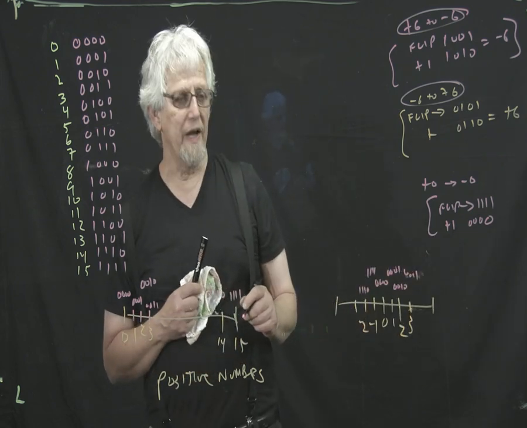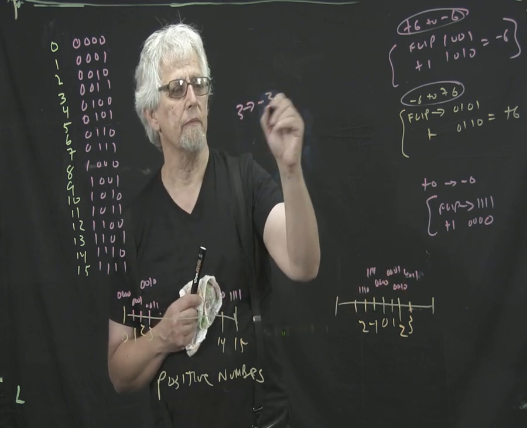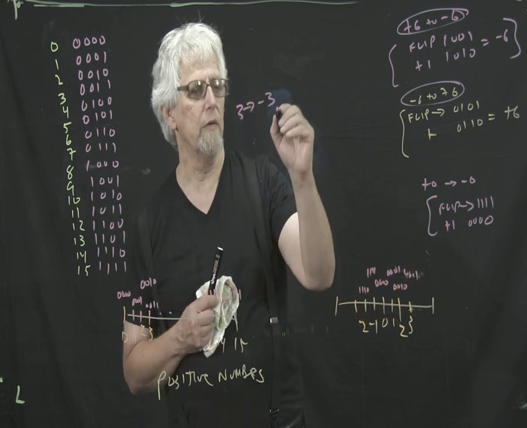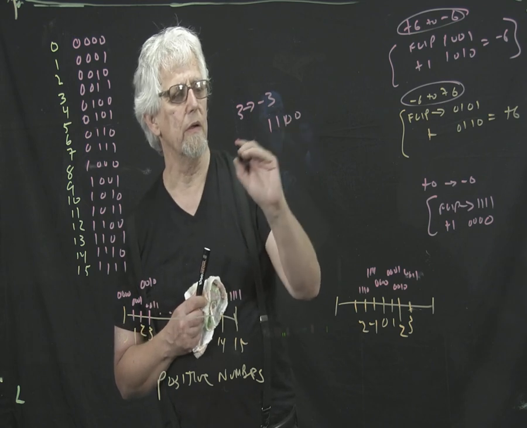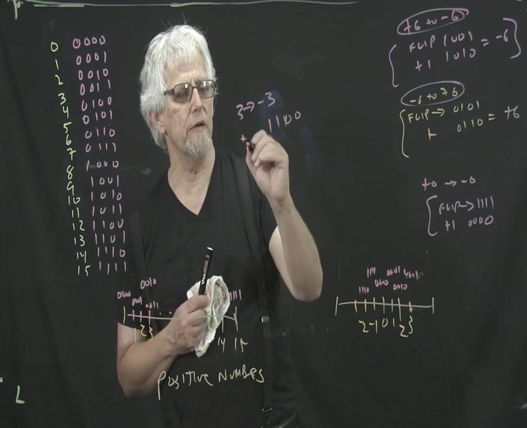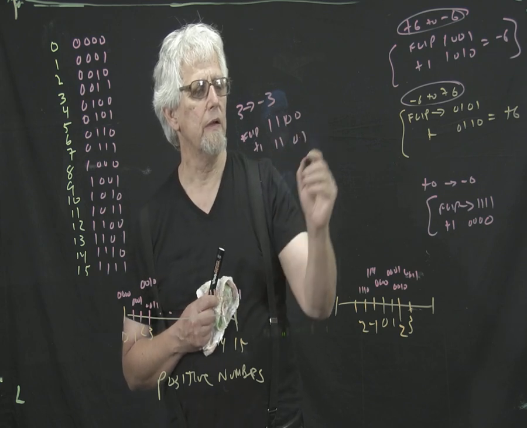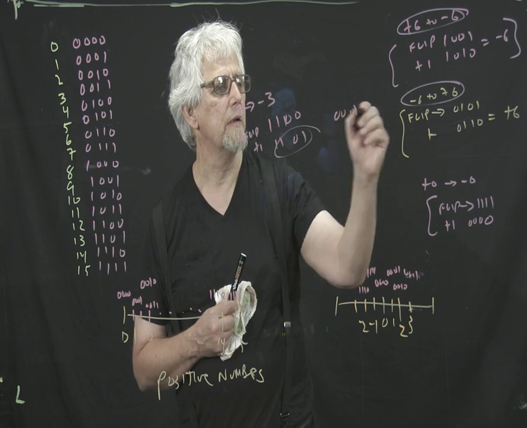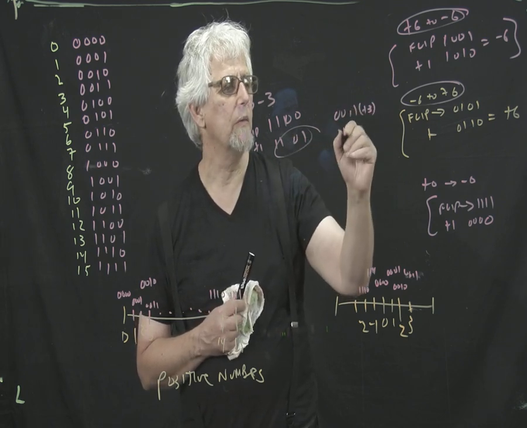Okay. Minus 3, so if we flip it, we complement it, we get 1, 1, 0, 0. Okay. We add 1. There's 1, 1, 0, 1. Let's try adding 0, 0, 1, 1.